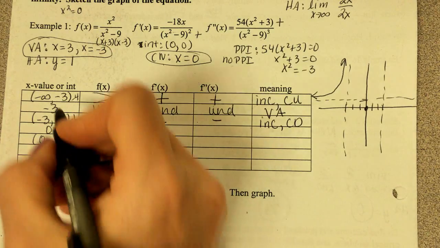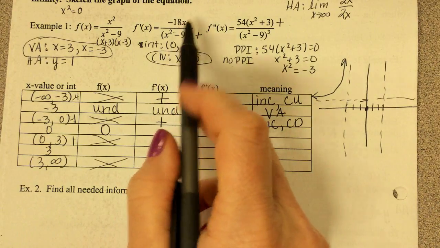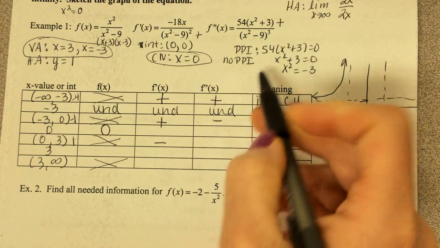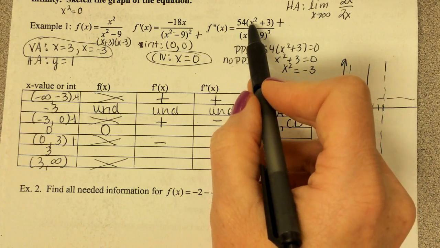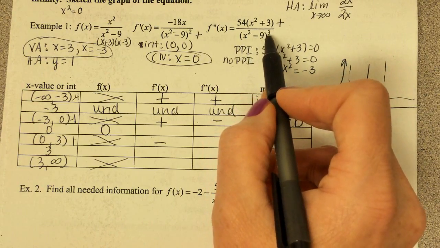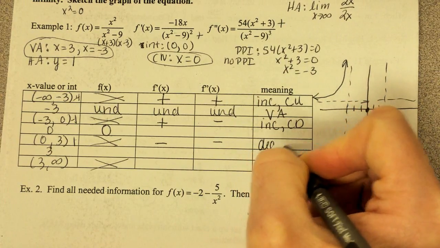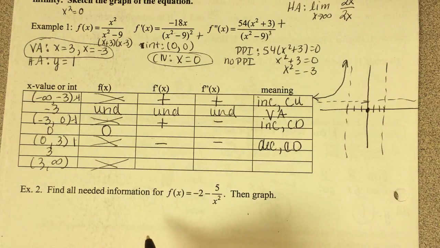I'm going to come down to this part, 1. Plugging 1 into my first derivative is negative. Plugging 1 into my second derivative, I'm going to get 1 squared is 1 minus 9, that's a negative again, so it's negative. So now we're decreasing and we're concave down.